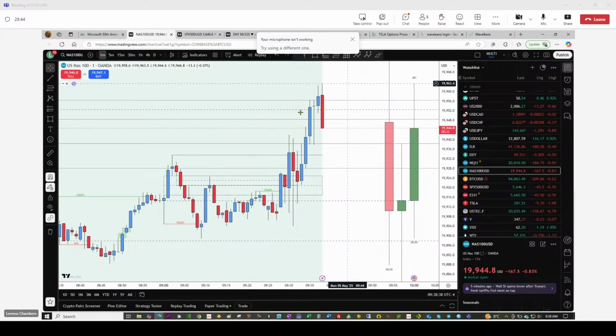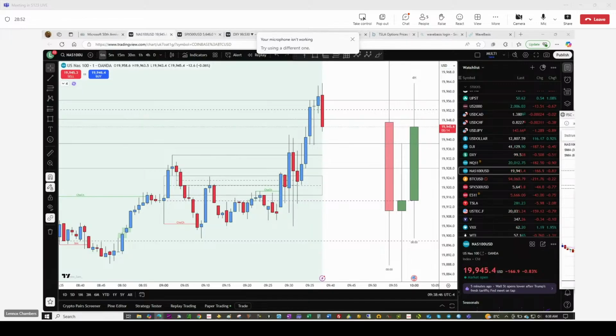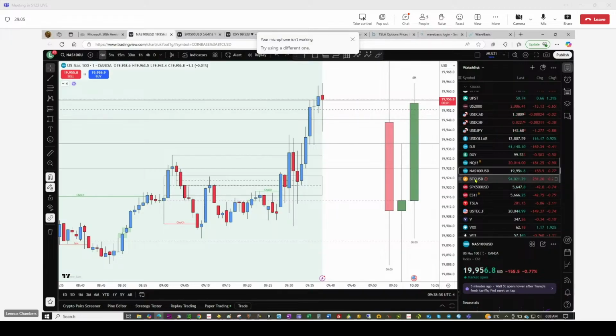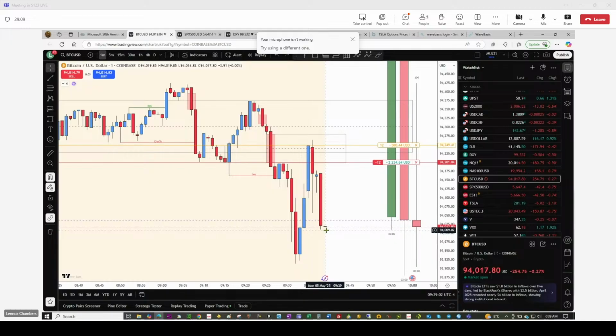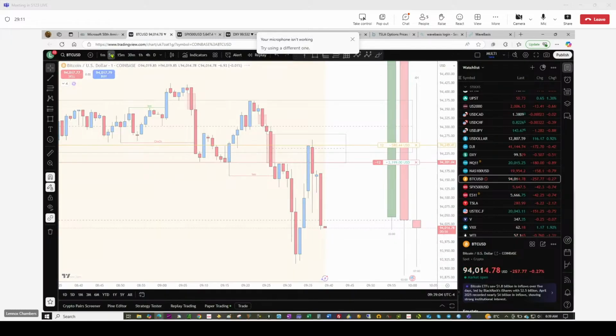NASDAQ is starting to come back. Bitcoin's really dropping here now. Where are they going?